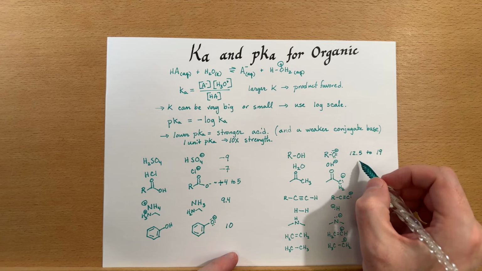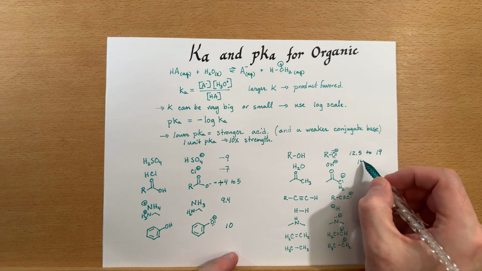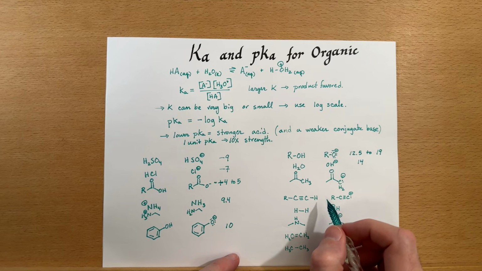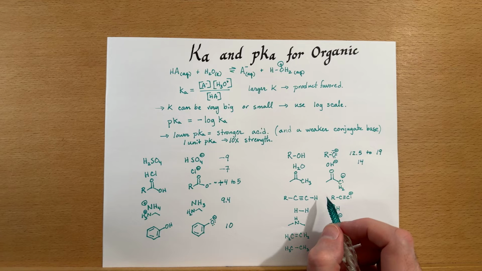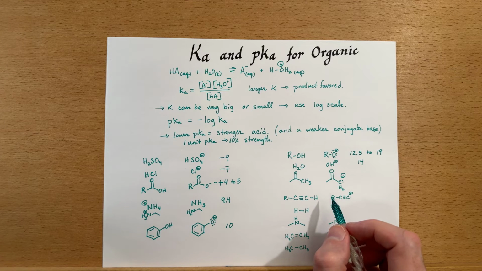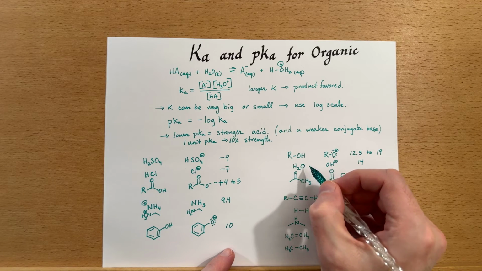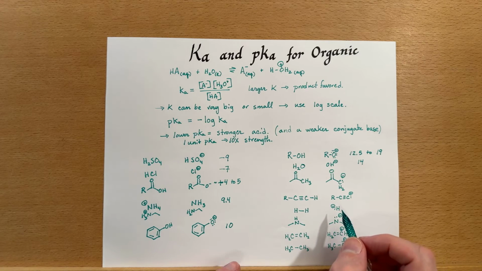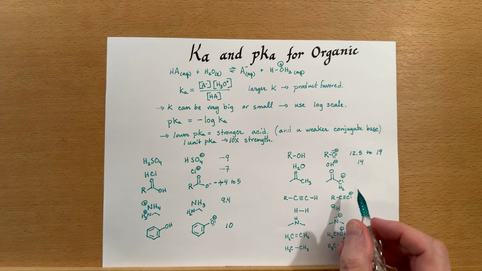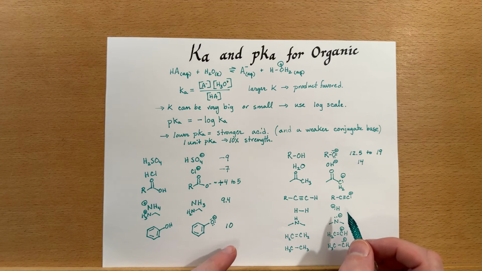Water has a pKa of 14. There are a lot of organic chemistry textbooks that say that this is something other than 14. That is not correct. If you do the proper thermodynamic calculations, you will arrive at 14.